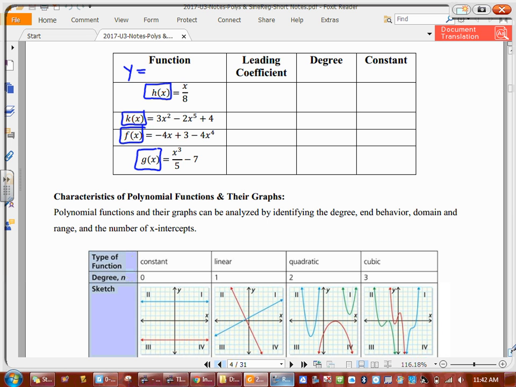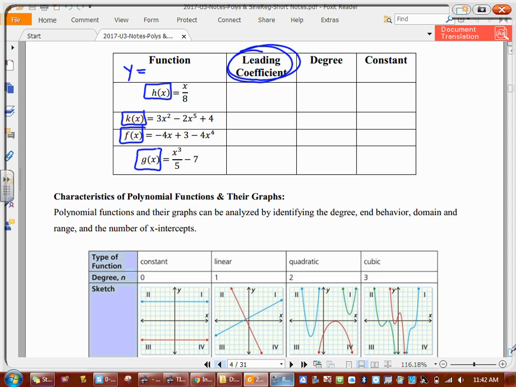The leading coefficient is always the digit in front of your x with the largest exponent. So here, when it's in a fraction, this is the same thing, because there's a hidden 1, as me saying 1 over 8 x. You have to remember that. If there's a variable and then a number, they're actually attached. There's a hidden 1 in front of that x.